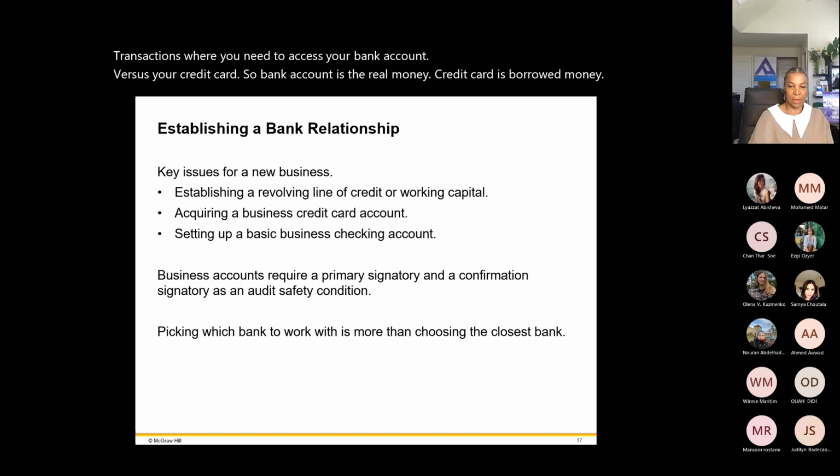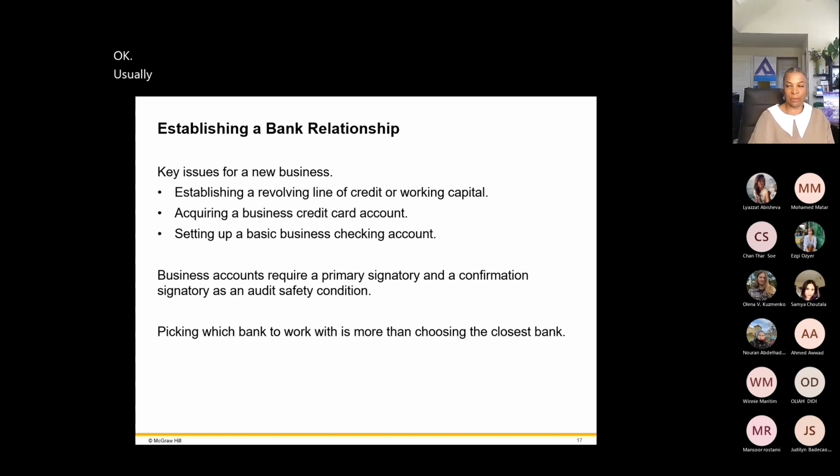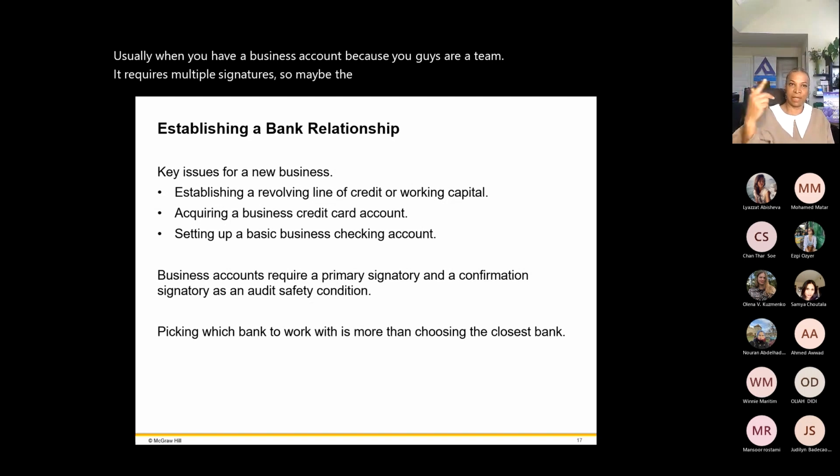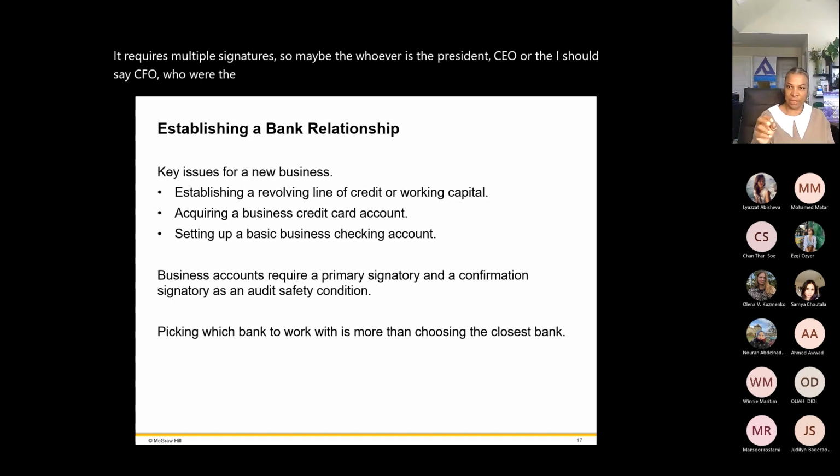Okay. Usually when you have a business account, because you guys are a team, it requires multiple signatures. So maybe whoever is the president, CEO, or I should say CFO, whoever the financial officer is going to be one of the signers, and maybe the president, CEO is the other signer. Okay.